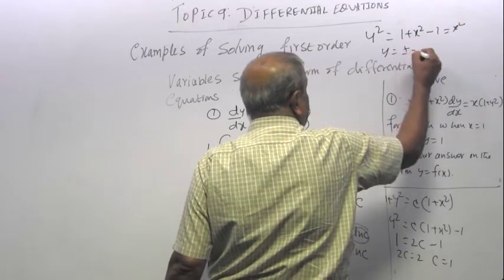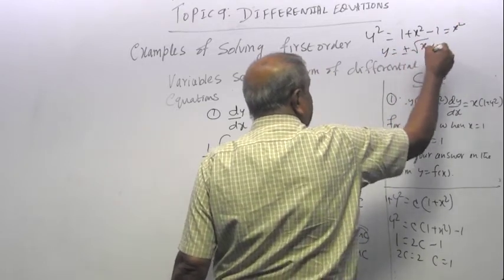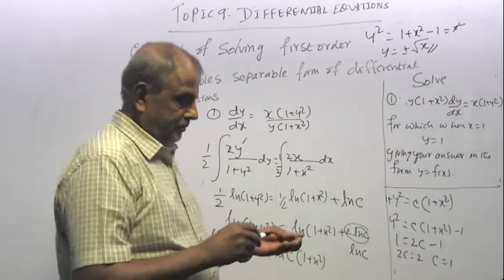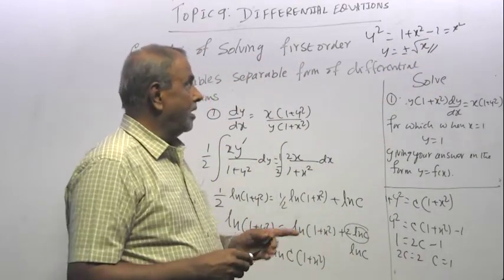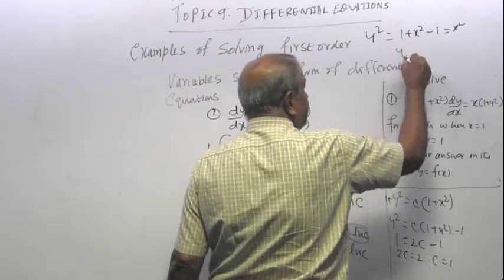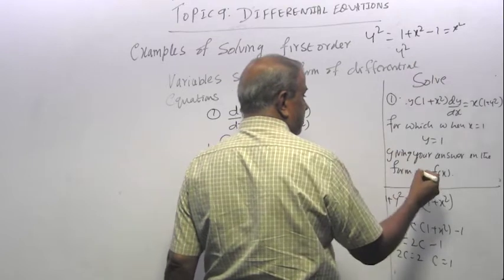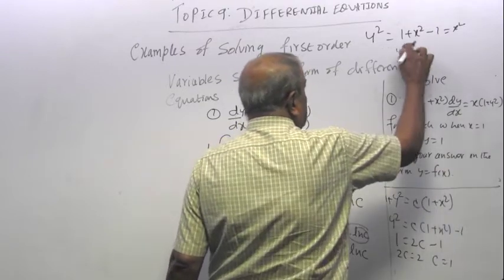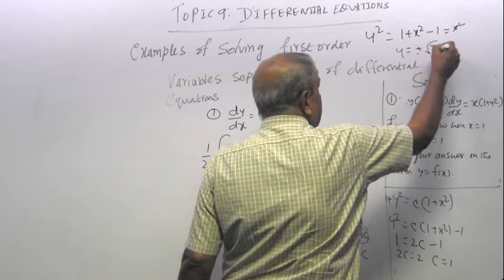So y is plus minus root x. Or leave it as y squared is equal to x squared. Or y equal to f of x: y is equal to plus minus root x.